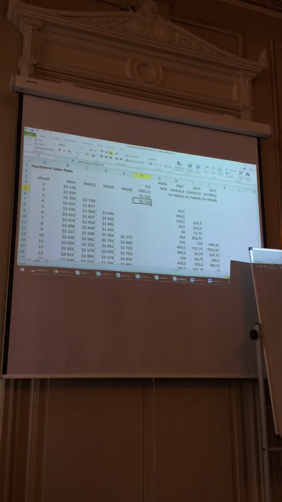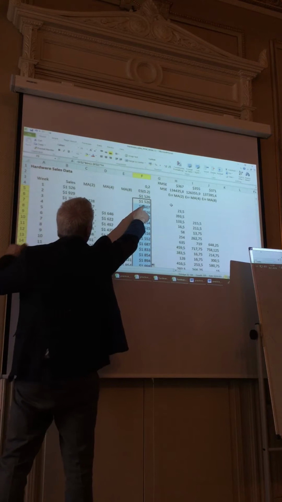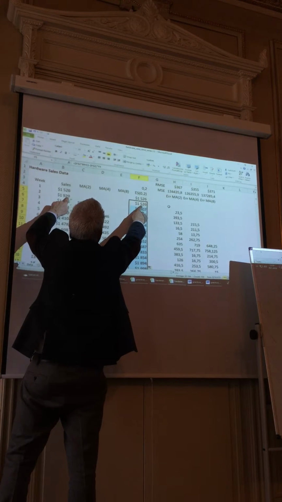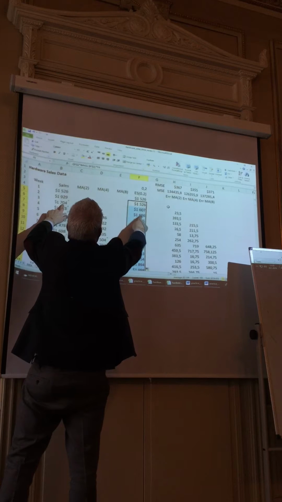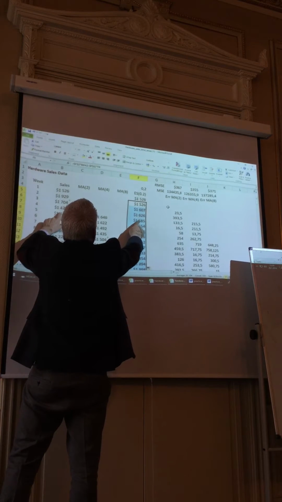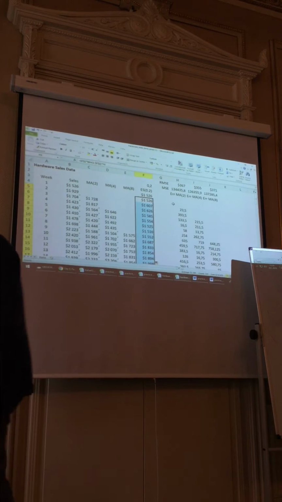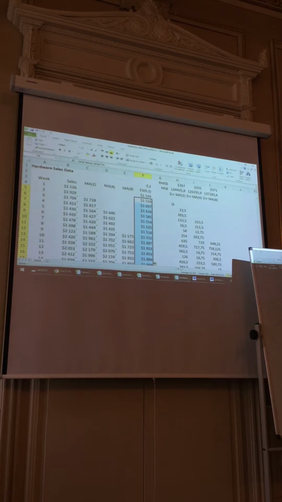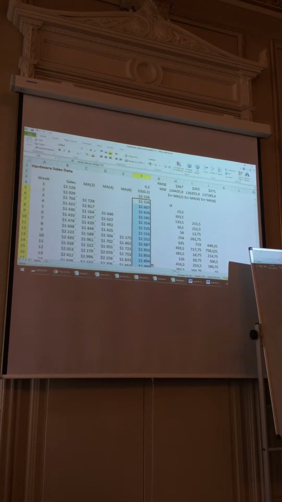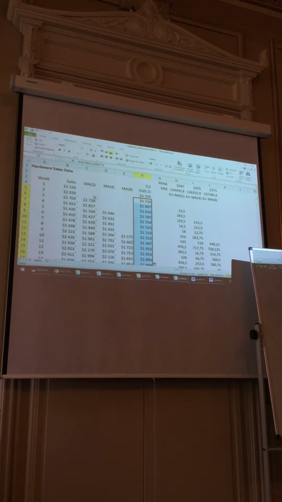But if you double click, it starts getting updated in later periods. 1607 is the weighted average of this and this, and then 1626 is the weighted average of this and this, and so on. So once you get started, it starts getting updated correctly.